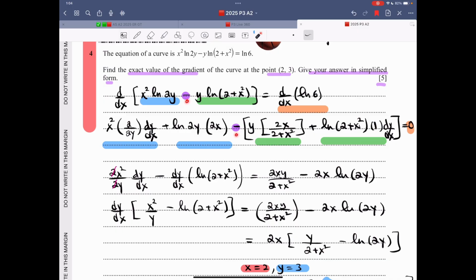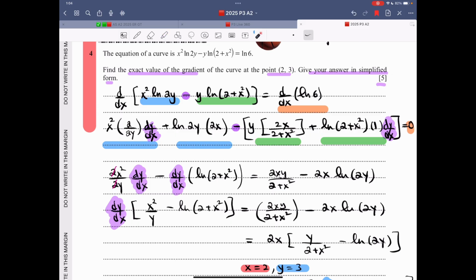Negative sign in the middle, y as it is. Derivative of ln(2 plus x squared): 2 plus x squared goes down, 2x goes up. Then ln of (2 plus x squared) as it is. The derivative of y is 1, but don't forget dy by dx. So now we have dy by dx over here and dy by dx over here. So dy by dx is gathered together, and I take this outside of the bracket and everything else on the inside.